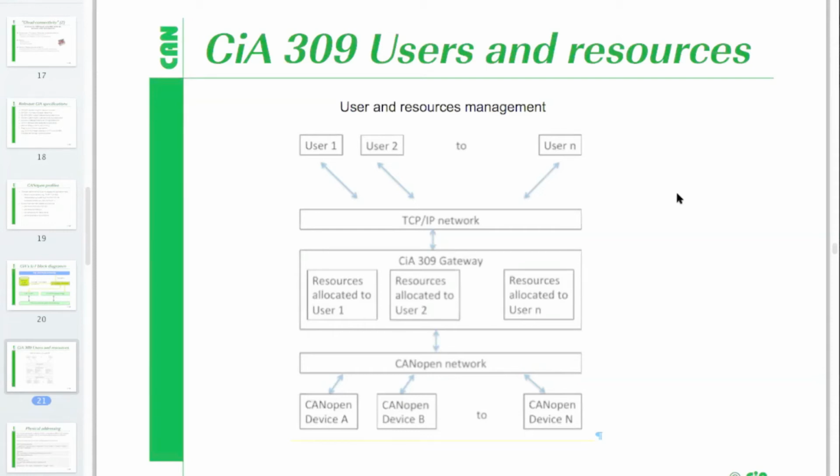User management means there are certain priorities for users, and there are certain priorities for the functions in a gateway, CANopen network functions and gateway functions they can access, and this is also managed with this newly developed specification. So this is one thing.